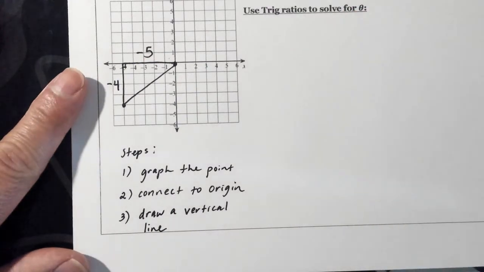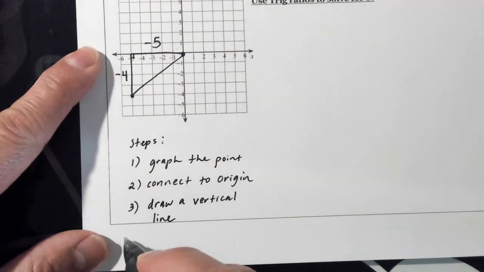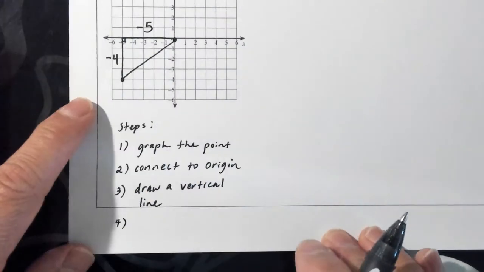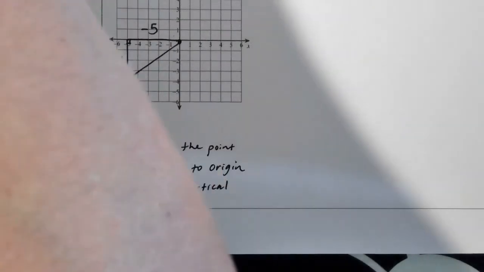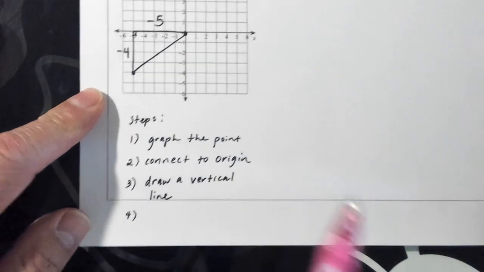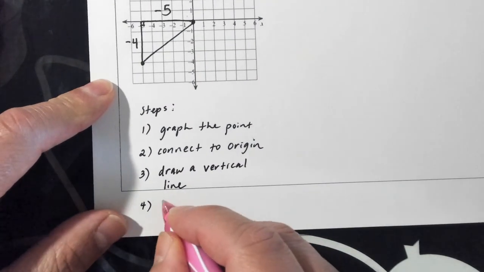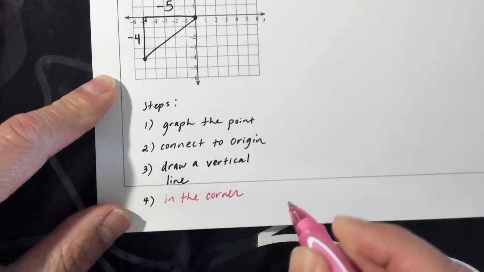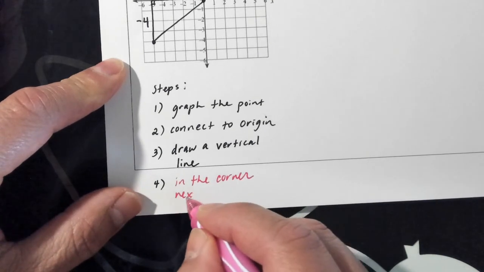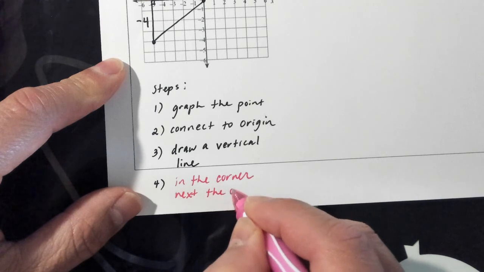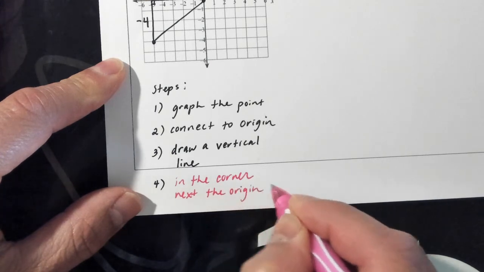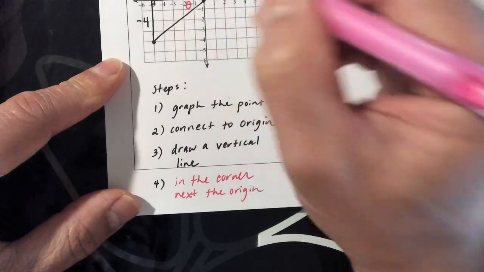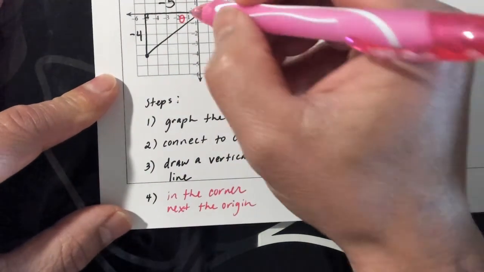The reference angle is in the corner of the triangle next to the origin, and if you drew your line vertically, then you're not going to mess up. So there is your reference angle.